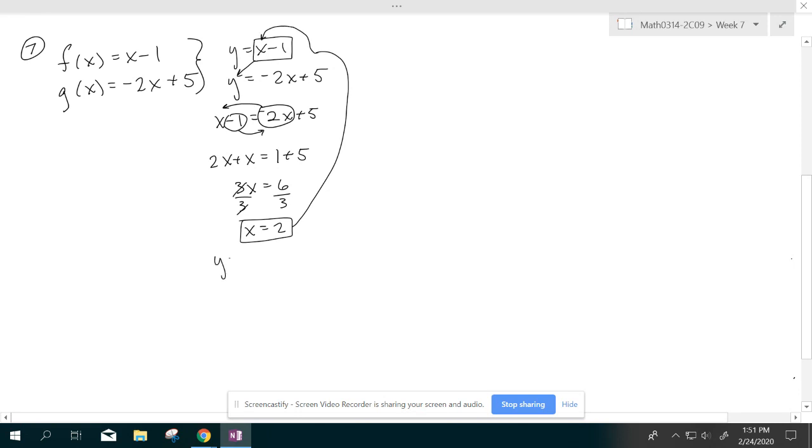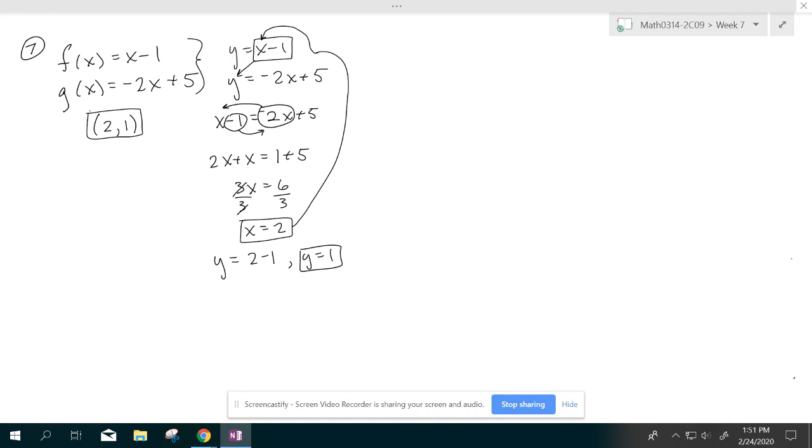And that says y equals 2 minus 1. And then I need to write that as an ordered pair. You always need to write it as an ordered pair. And what technique was that? Substitution. That was the substitution method, okay?